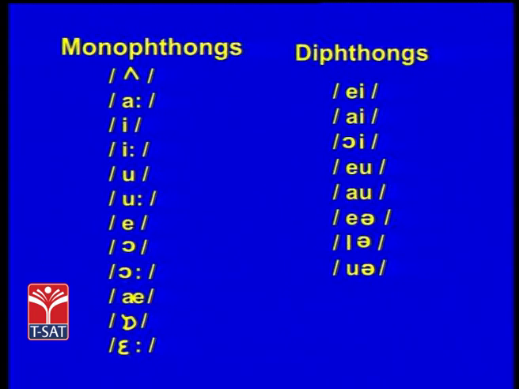This gives you a list of vowel sounds in English. 20 of them: 12 known as monophthongs, that is single sounds, and 8 known as diphthongs, as it's a combination sound. It's a combination of two different vowel sounds, which is of course just a single sound, and hence they are known as diphthongs.